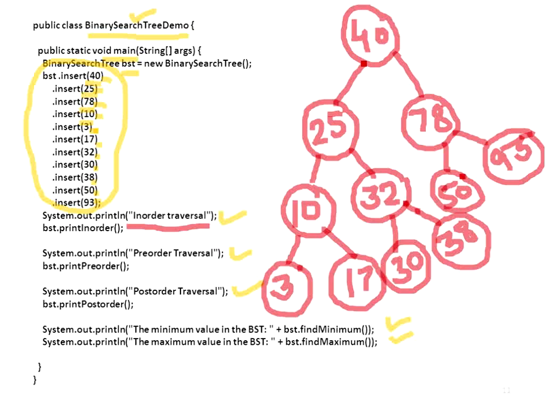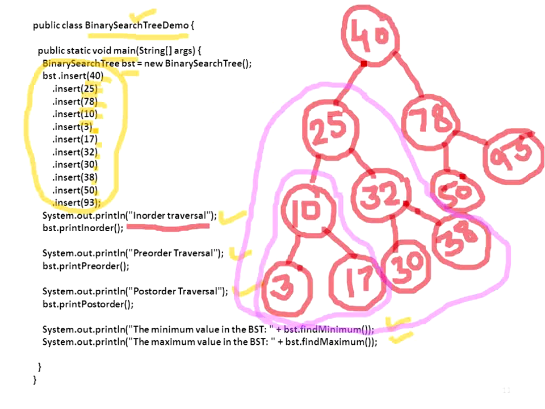Okay, that's good. Now see, in case of in-order traversal, first of all, we will see left subtree. So here, this is our left subtree. We will move towards left subtree. Now again in this left subtree, this is root node, this is left subtree, this is right. So we will move towards this. And again, in this subtree, we will move towards left.